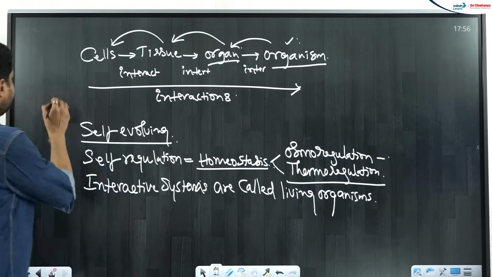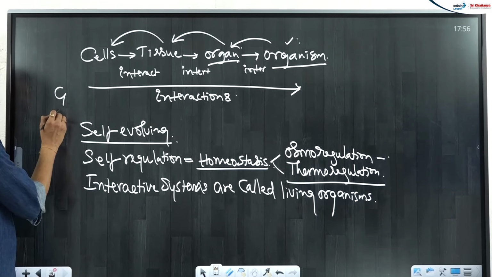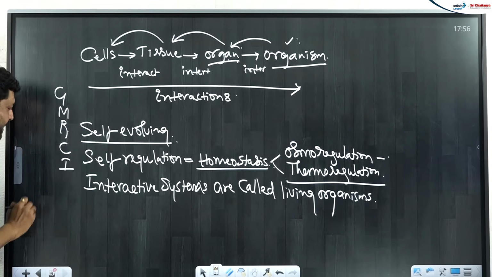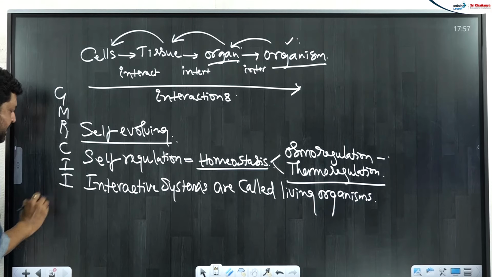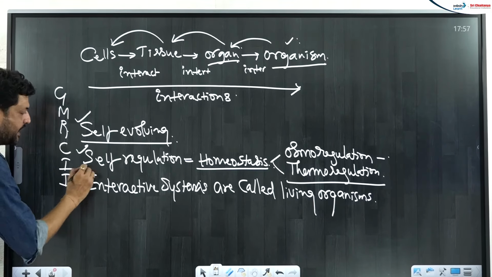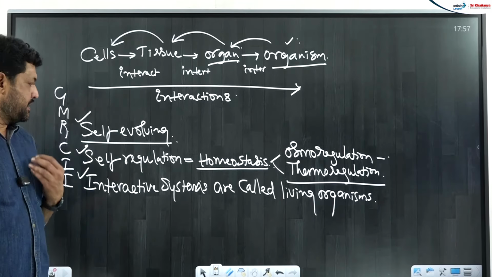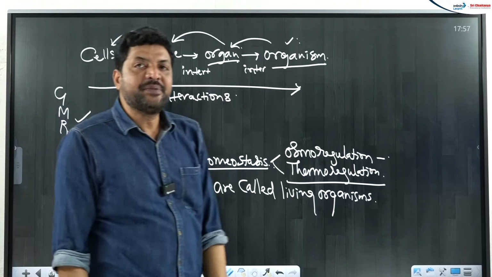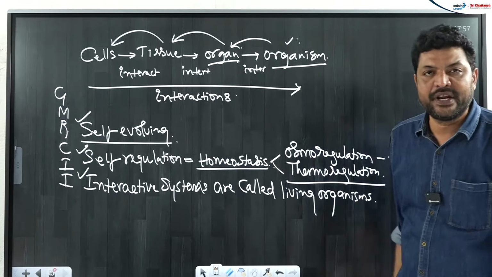I have defined the growth, metabolism, reproduction, and you can have consciousness, you can have interactions, you can have irritability, self-evolving, self-regulating, interactive systems that perform work without reaching the equilibrium. Equilibrium is death, without reaching equilibrium.